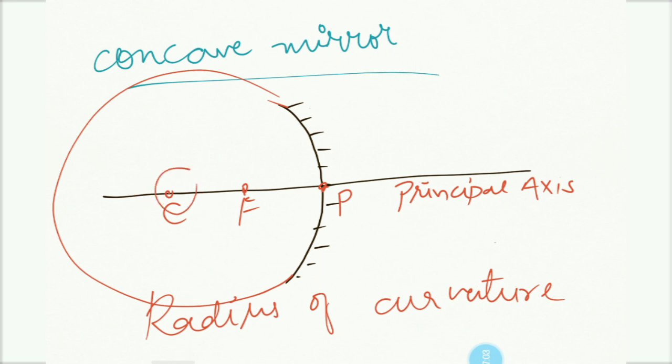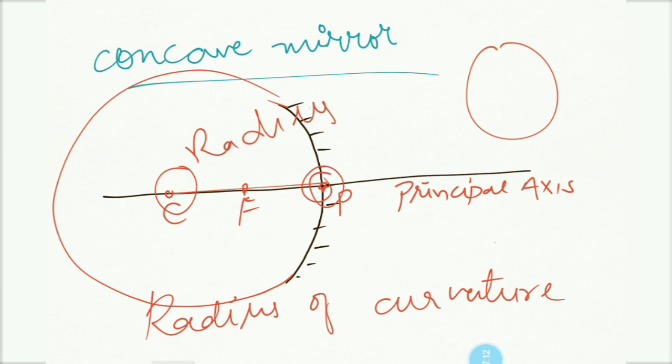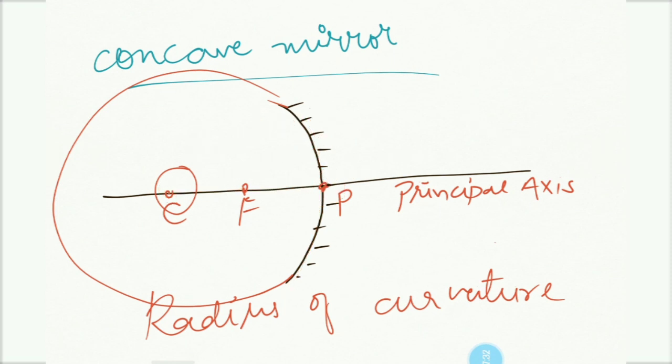Now from the center to any point on the circle, is it not the radius? Yes, it is the radius, because in a circle also, from the center to any point on the circle, it is called the radius. So for this also, from the center to any point on the curvature is the radius. Okay, so remember this. So for the radius of curvature, how do you remember it?